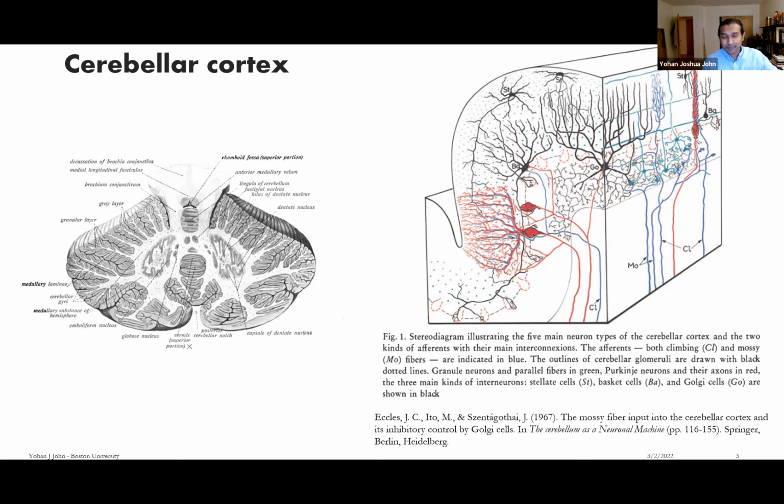Dan Bullock, who would go on to be my advisor, talked about how they were so tantalizing for a modeler because their literal three-dimensional shape reminded people of cards that you put in a motherboard. You have this big fan-out structure, and then they're in sequence like this, and the parallel fibers from the granule cells run perpendicular to them. You can see them here, these parallel fibers. We'll show in a schematic way what the circuit looks like.